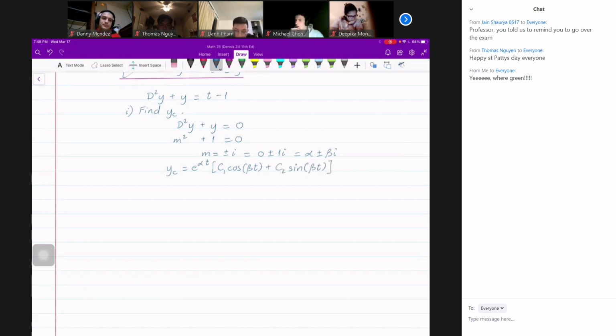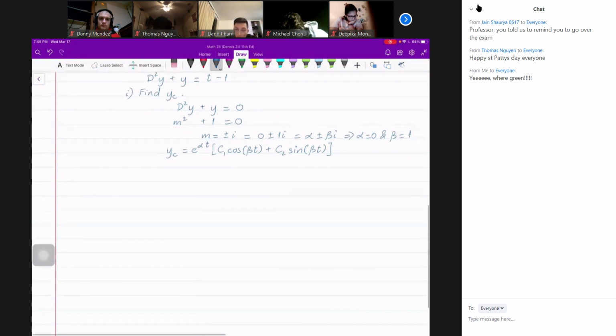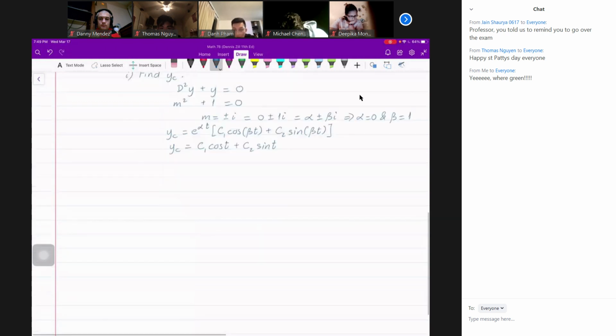In this case, alpha is 0 and beta is 1, right? So y sub c is what? e to the 0t, which is 1. So you have just c sub 1 cosine t plus c sub 2 sine of t. Okay, so that's the y sub c.